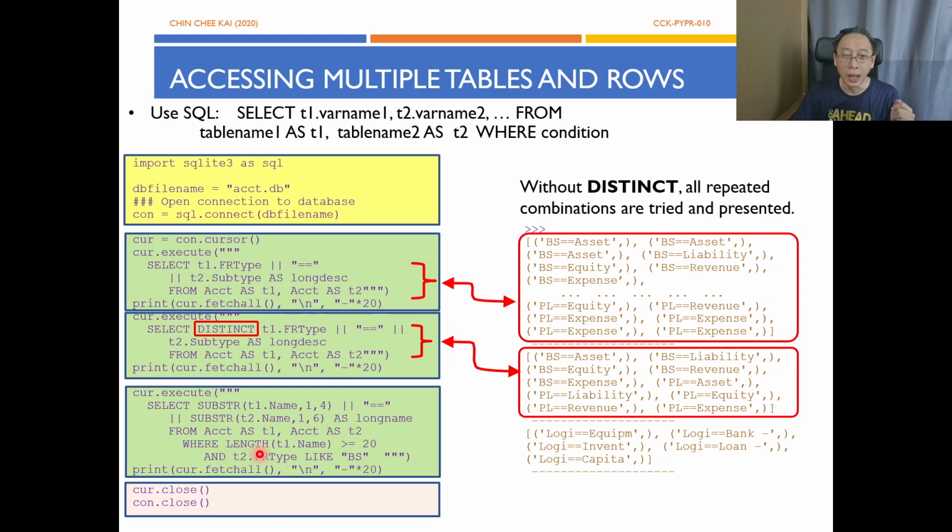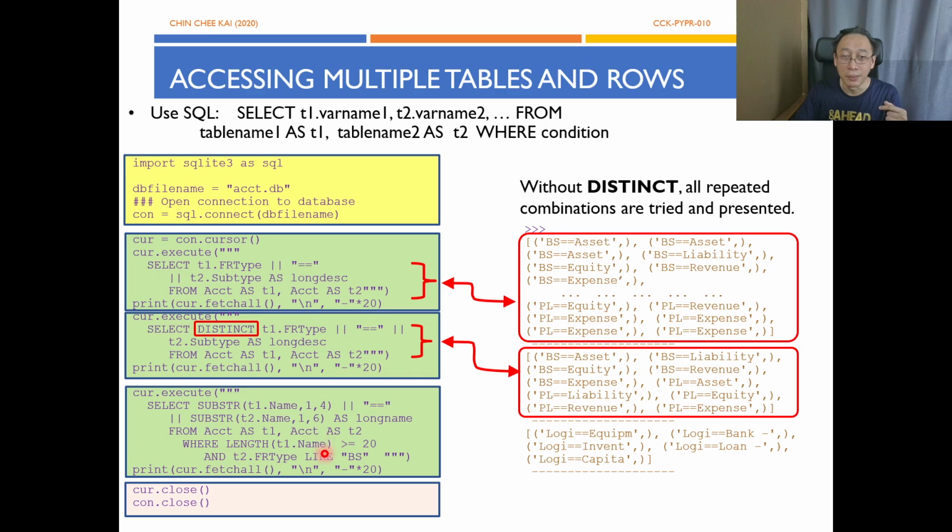But suppose we don't want to see everything, all hundreds of them. We just say where length of T1 name is greater or equal to 20, because if the length is only 2 characters, 1 character, this substring may fail, right? And we want T2 FR type to be like BS, so it is sort of a balance sheet kind of names associated with balance sheet. So this is an and, right?